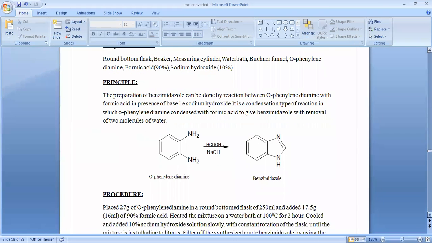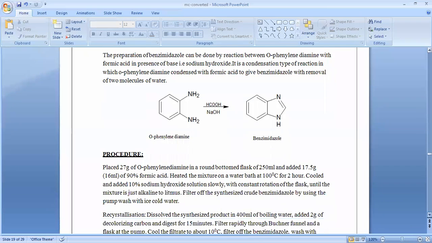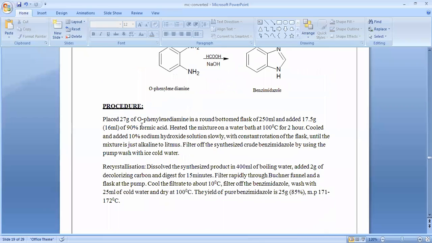So we'll see the procedure. What procedure are we going to follow for this synthesis? We place 27 grams of orthophenylenediamine, the starting material, in a 250 ml round bottom flask. To it we add 17.5 ml, that is approximately 16 ml, of formic acid.